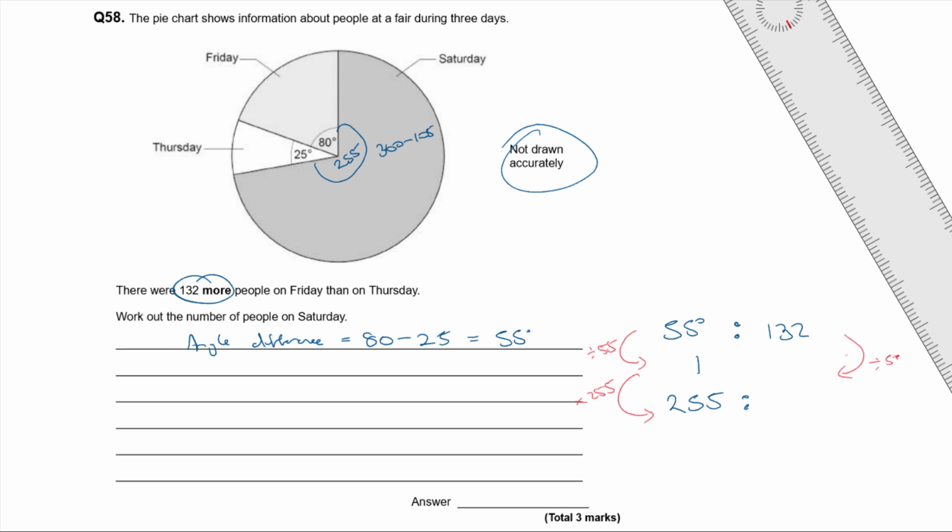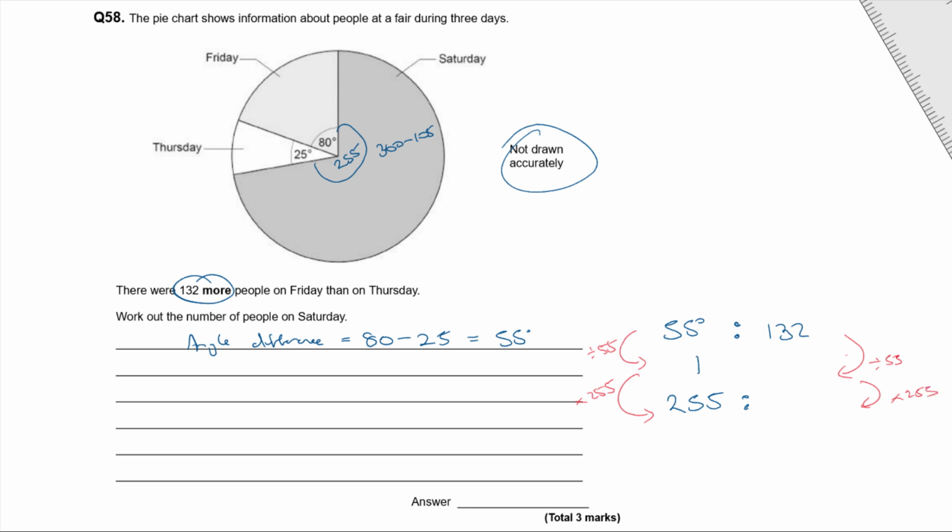Divide by 55 and times by 255. So what's that? 132 divided by 55, which is 2.4. And then 2.4 times 255. That comes out to be 612. So I think there must have been 612 people then on Saturday.